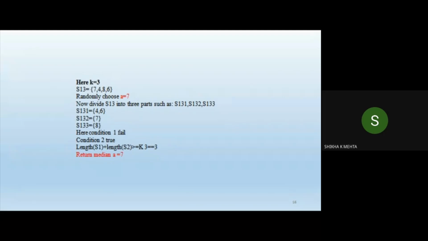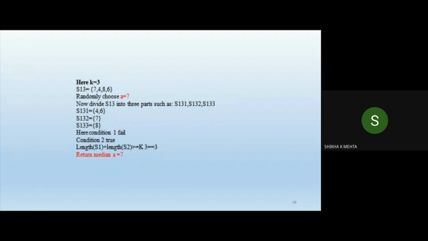The first condition says the size of S1 should be greater than or equal to k, so this condition fails. Now the second condition is true: k is less than or equal to the size of S1 plus S2, which comes out to be 3.